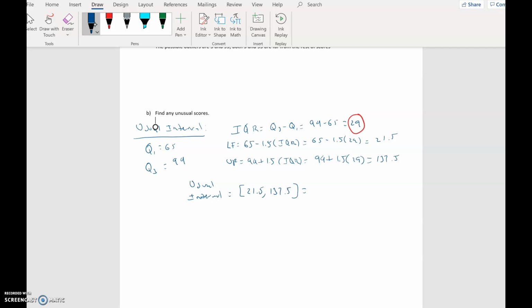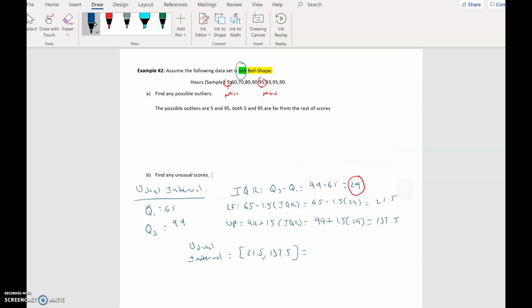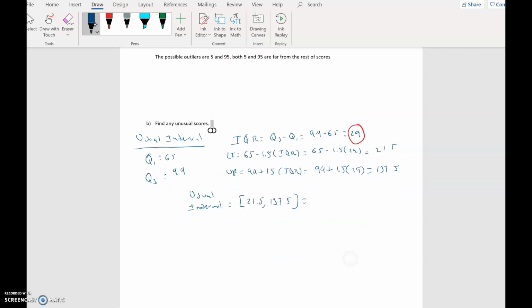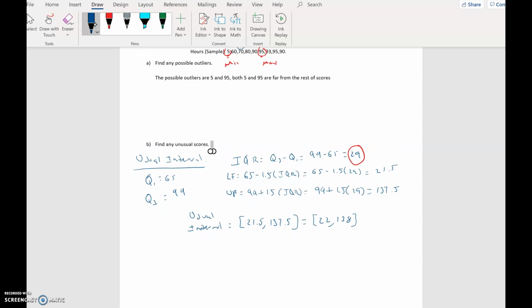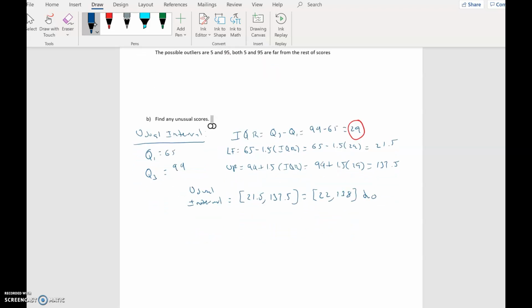You can round it to the nearest integer because your data set is all integer values. So you could say that it's going to be 22 to 138, and the units happen to be hours. So this is the usual interval. Sorry, you guys, I'm at an angle here.